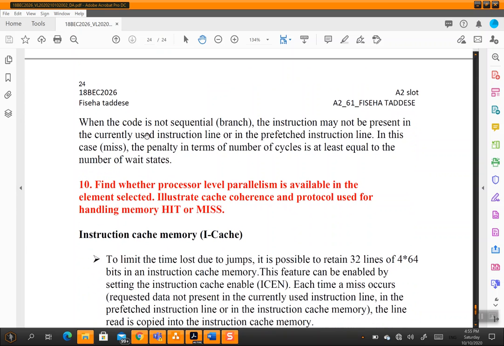When the code is not sequential, or has a branch, the instruction may not be present in the currently used instruction line or in the prefetched instruction line. In this case, the penalty in terms of the number of cycles is at least equal to the number of wait states. So this is a little explanation about the pipeline.